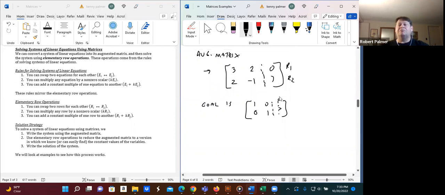What I would like to have is a 1 right here. One way to get that, if you notice, is if I just do 3 minus 2, that would give me a 1 right here.